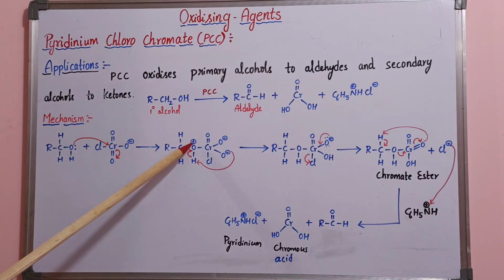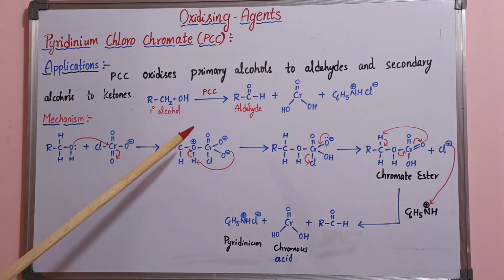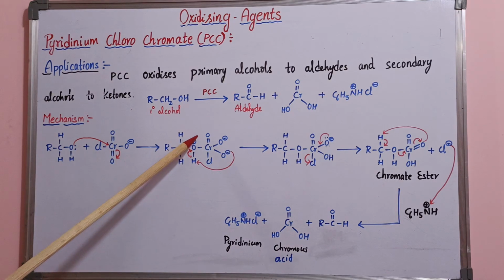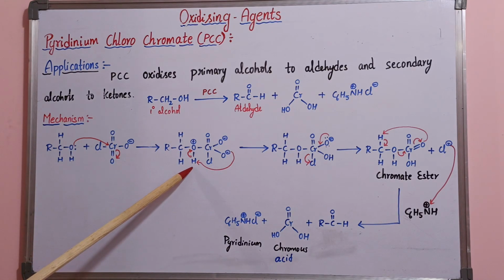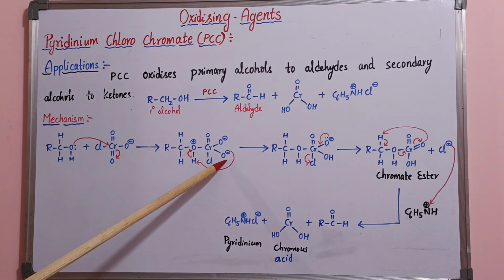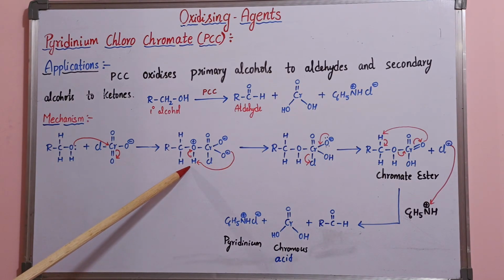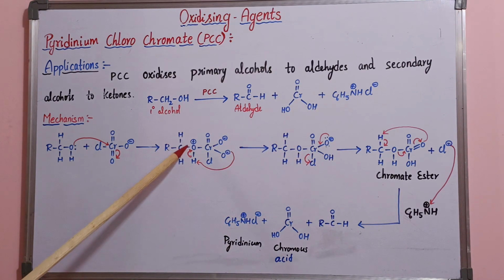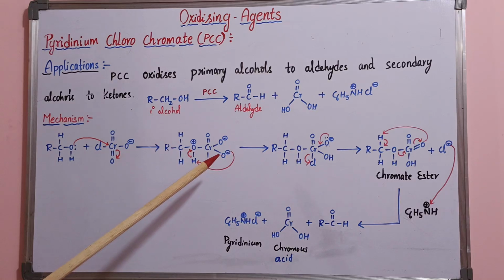As the oxygen has a positive charge, we should nullify it, so I am shifting the paired electrons towards oxygen. This hydrogen can then be liberated as a positive ion. Now the O minus of chromium attacks the H plus, forming an OH bond, and the positive charge is nullified.